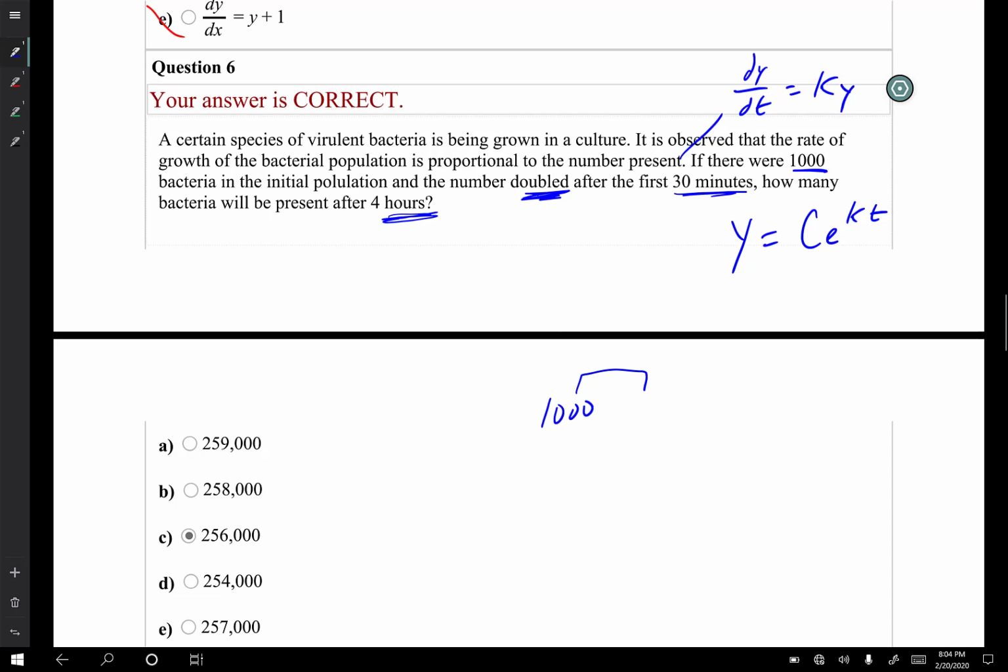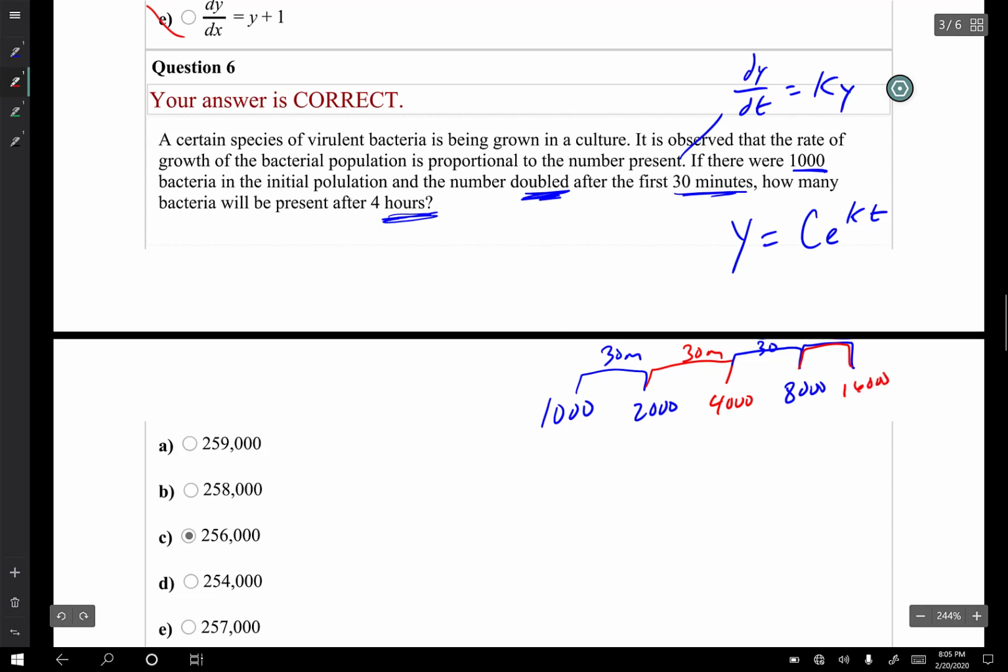So after 30 minutes, I'm at 2,000. Another 30 minutes pass, and I'm at 4,000. Another 30 minutes, I'm at 8,000. Another 30 minutes pass.